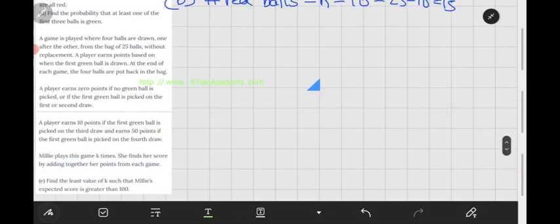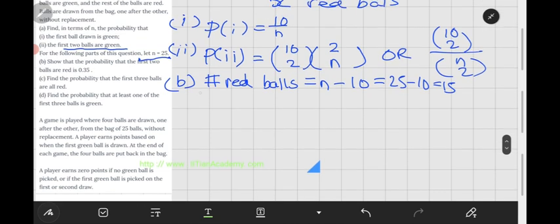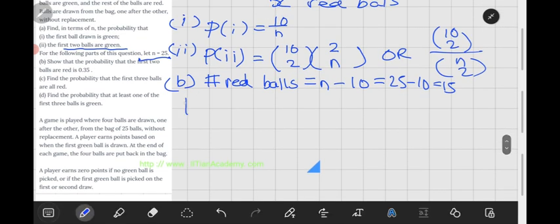So that when we write out the probability P of scenario B, we get the number of ways of selecting 2 balls out of 15, divided by the number of ways of selecting 2 balls out of 25.